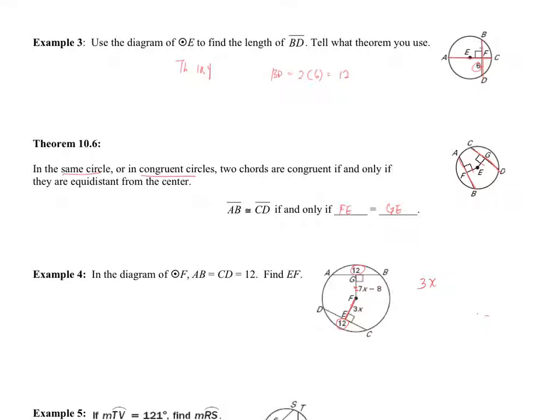So I can set 3x equal to 7x minus 8. And X would be 2. So then I want to find EF. So I'm going to take 3 and multiply it by 2, and that would be 6.